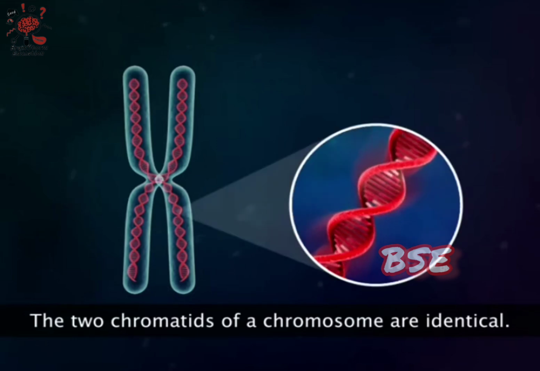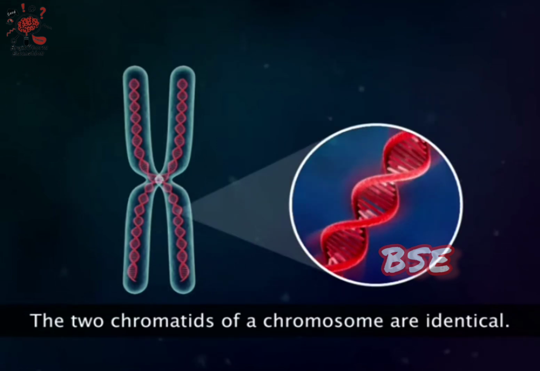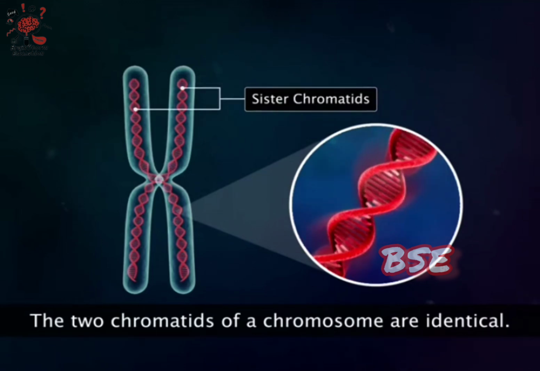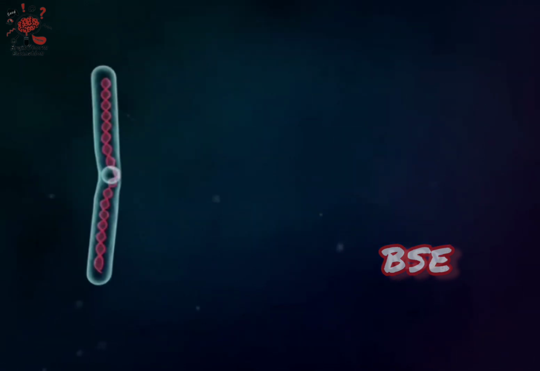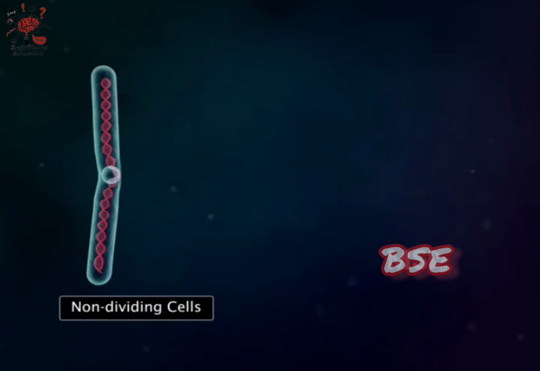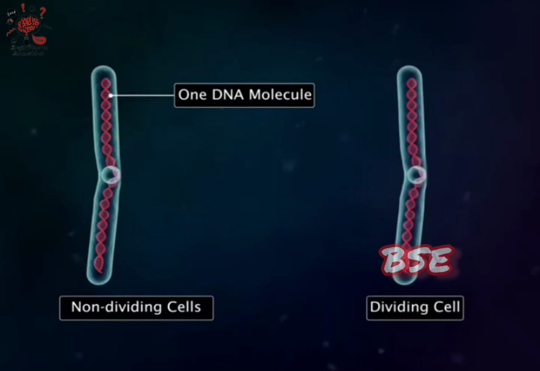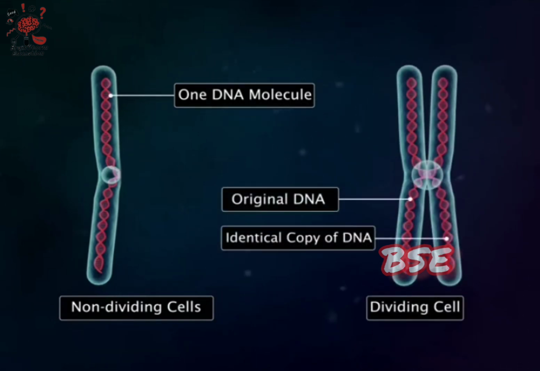They have the same DNA and genes. They are also referred to as sister chromatids. In a non-dividing cell, each chromosome is represented only by one DNA molecule. When the cell is dividing, it produces an identical copy of the DNA in the form of a sister chromatid.